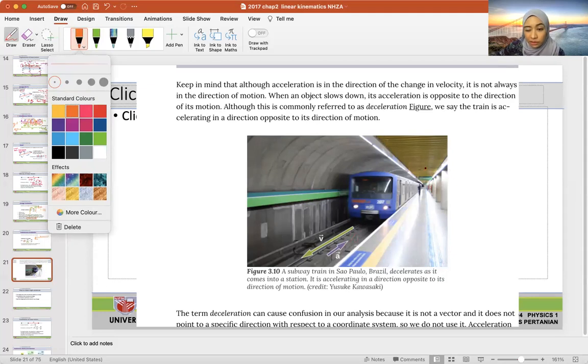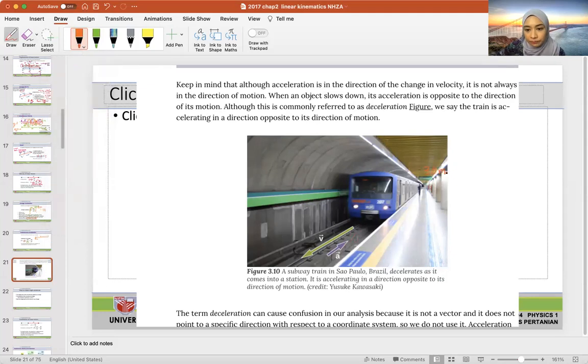So I start with 30, and then no, orange doesn't show up. Never mind. 40 meters per second, 50, and then 60 meters per second here, 60 here, and I just go with the same values as before.